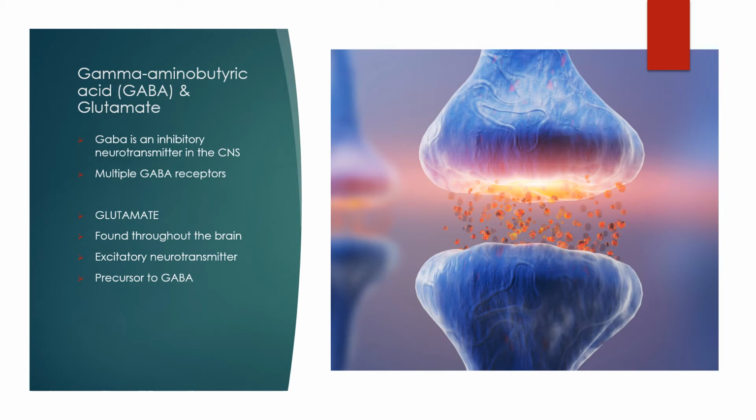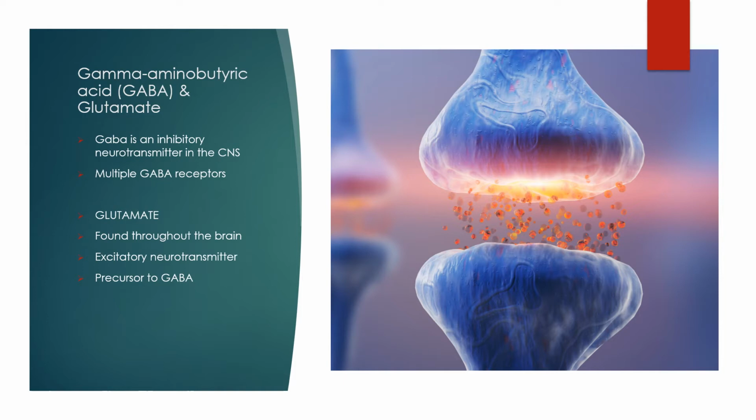Glutamate and GABA are major excitatory and inhibitory neurotransmitters, respectively. Imbalance in these levels has been implicated in different neurological and psychiatric disorders, as we'll talk about. Glutamate is the most abundant excitatory neurotransmitter in the human brain and has critical roles in multiple brain functions and synaptic plasticity.